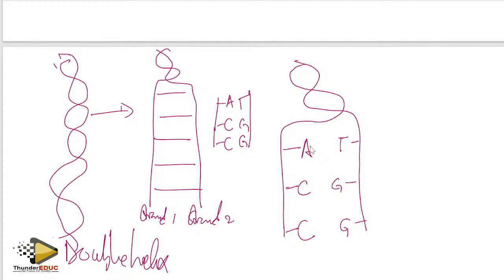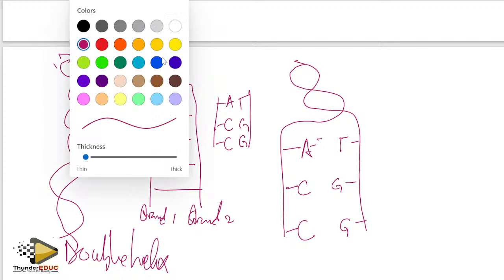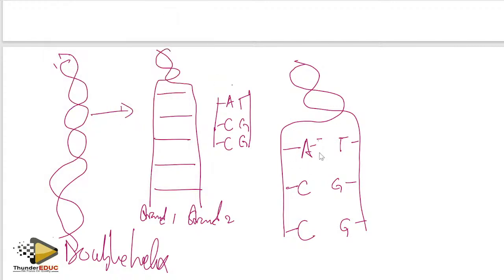Now, when they come to pair up, let me just use a different color so that we are clear. A goes with T, and then C goes with G, and then C goes with G. And then what about here?